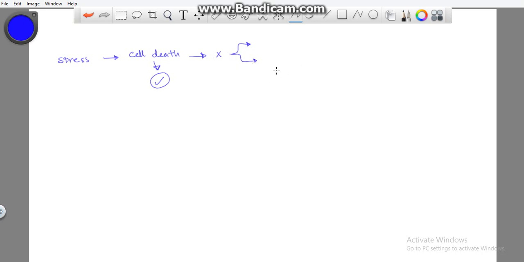Now, before we get into the morphological characteristics of cell death, you should know that there are two main mechanisms by which cells die. The first mechanism is necrosis, which is basically accidental cell death, unwanted cell death.